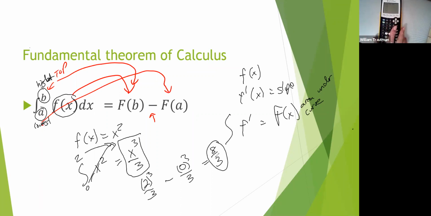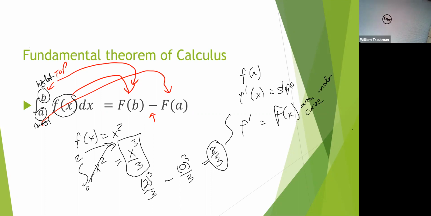I'm going to write in the function x squared, just like I said, and I want to graph it. There's my x squared. And now I'm going to use the calculator to integrate it, finding the area under the curve.